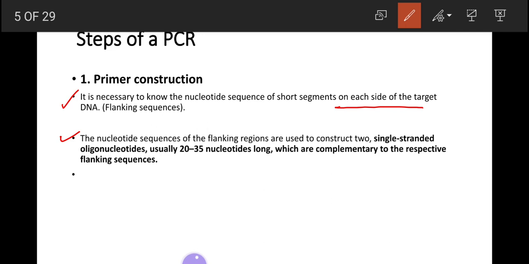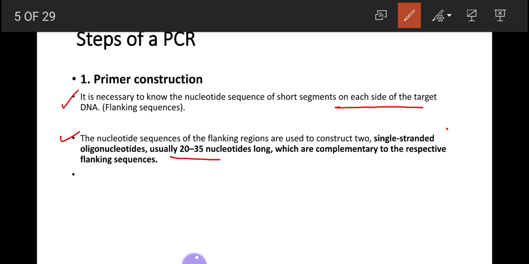The nucleotide sequence of flanking regions. Flanking regions means the regions at both ends. They are used to construct 2 single-stranded oligonucleotides, usually 20 to 35 nucleotides long, which are complementary to the respective flanking sequences.